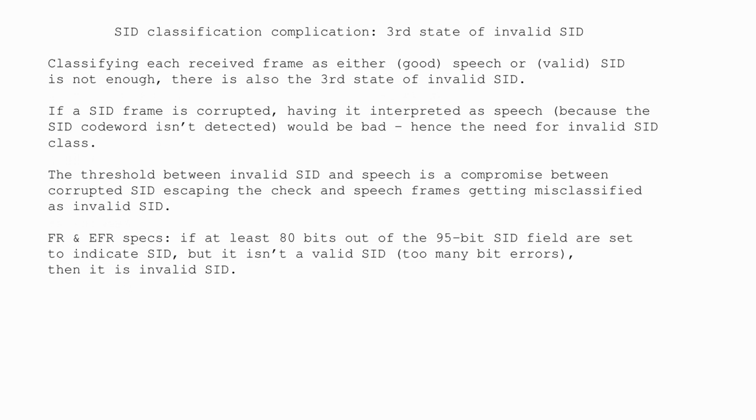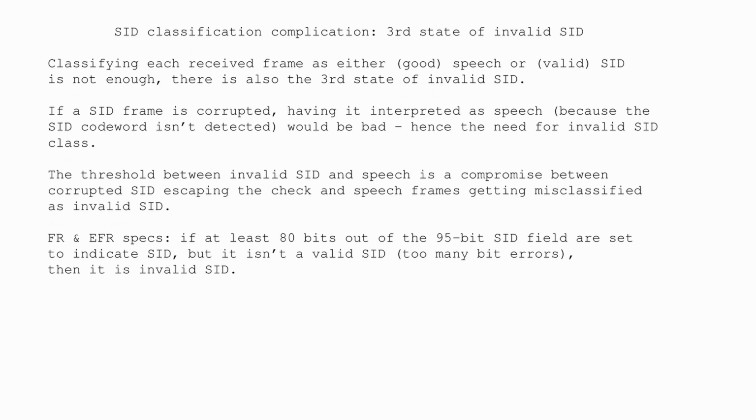Because you have to have this third state of invalid SID. I assume, it was obviously years before I joined the project, whoever originally wrote the functions like osmo_fr, what is it called, that checks if it's a SID or not, it was just a binary result. It was a Boolean result, right?